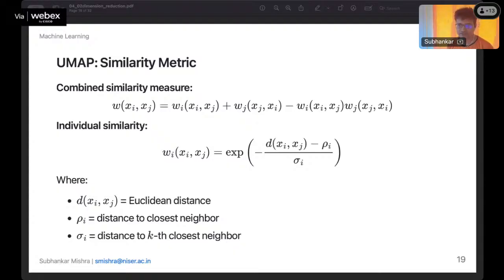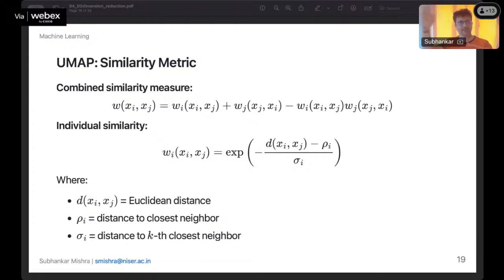Now w is the definition of similarity between two examples in the original high dimensional space, and we want to find similarity in another region, the lower dimensional space.